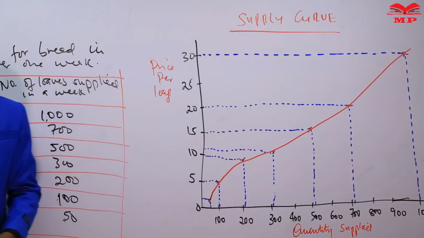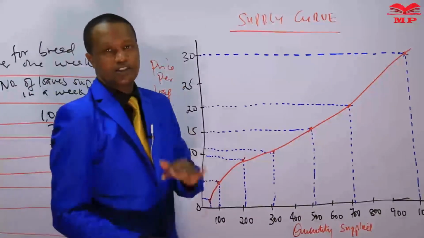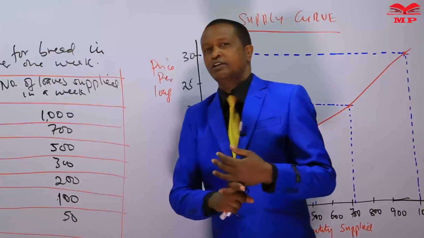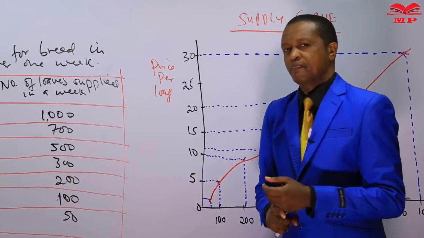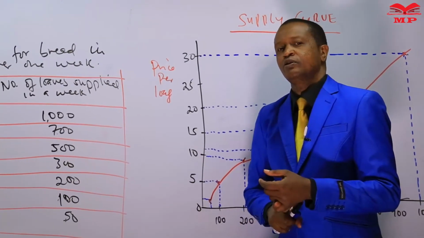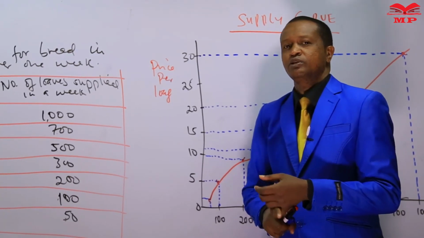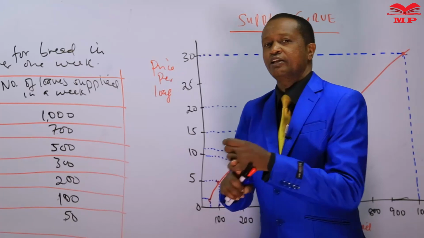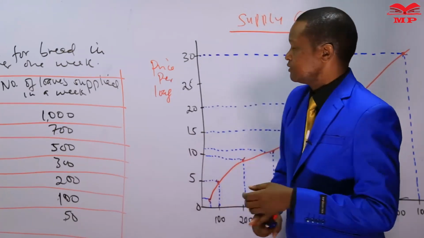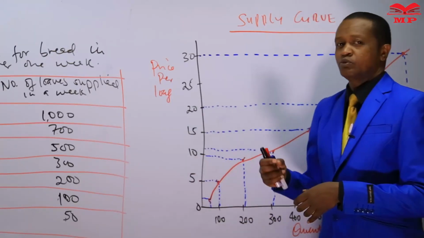So with that, we come to the end of today's lesson. In today's lesson, we have learned 3 things. Number 1, the law of supply. We've said that the higher the price of a commodity, the higher the quantities that will be supplied in the market, and the lower the price, the lower the quantity that will be supplied.